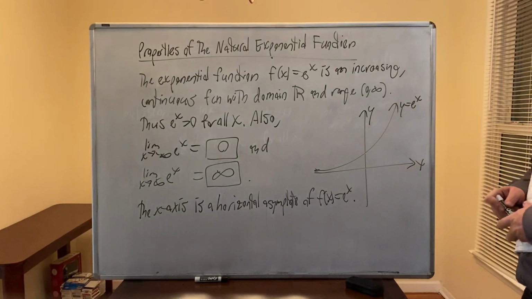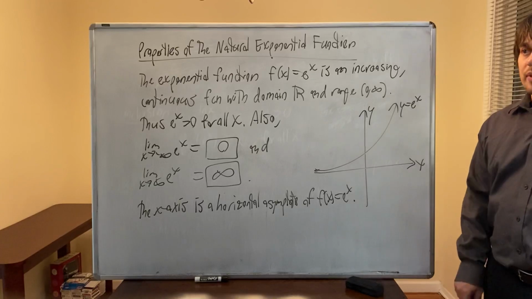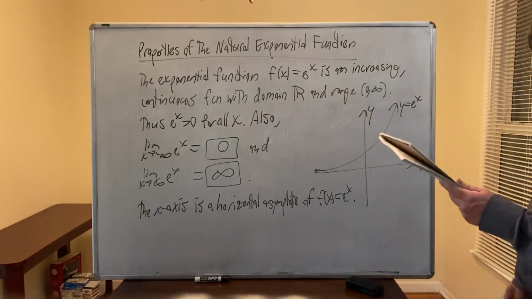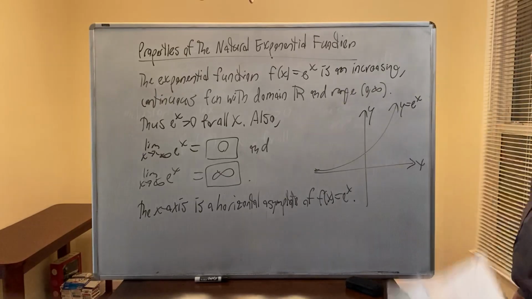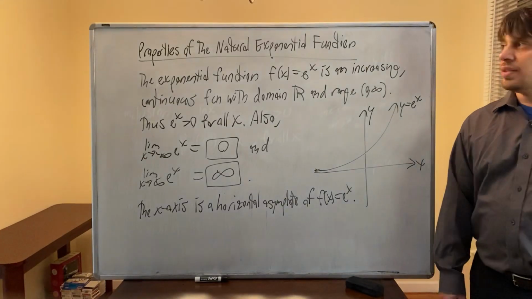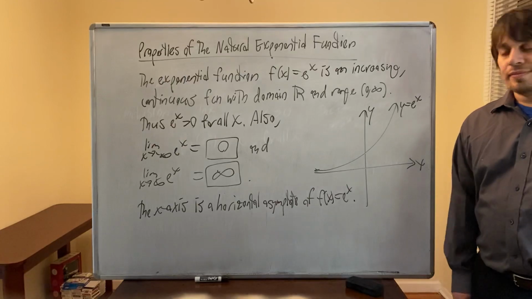So these are all properties of the natural exponential function. This is its graph, and these are a bunch of properties of that function. I'll give you a moment to copy these things down. Okay, good.